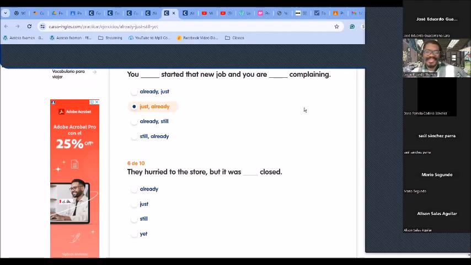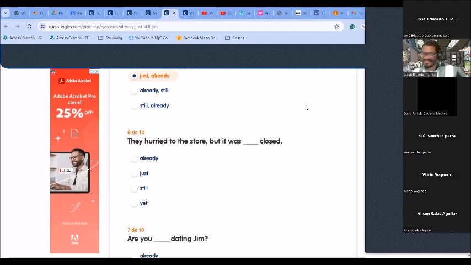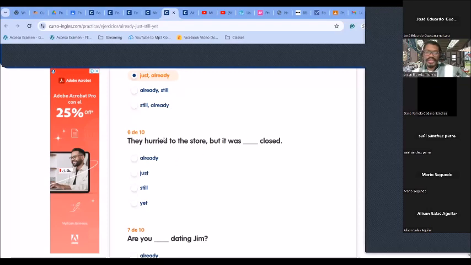All right, Fernanda, number 6. They hurried to the store, but it was just closed. All right. Just is usually here at the beginning of the sentence. It'd be better to use already here.